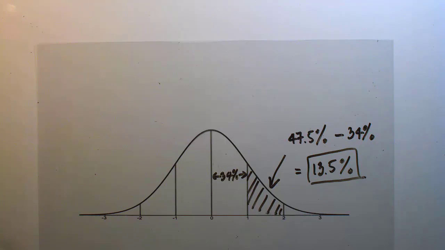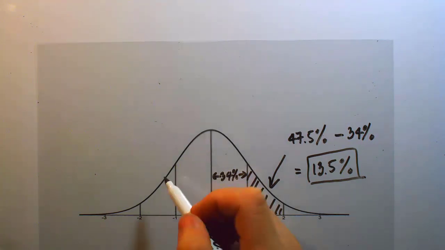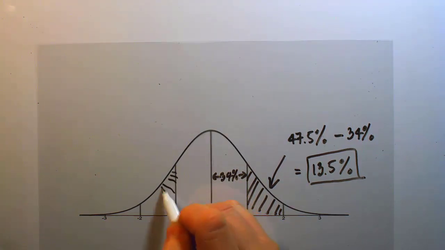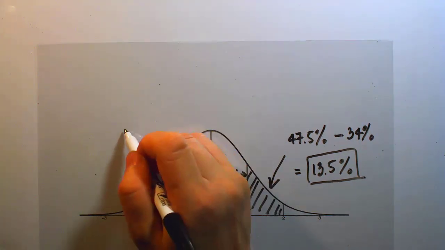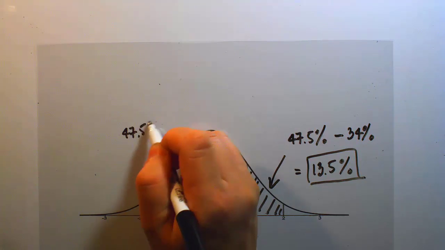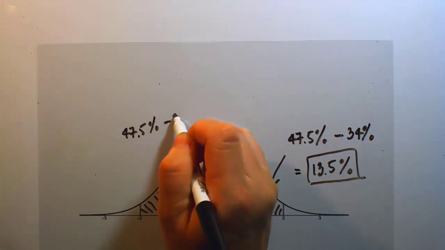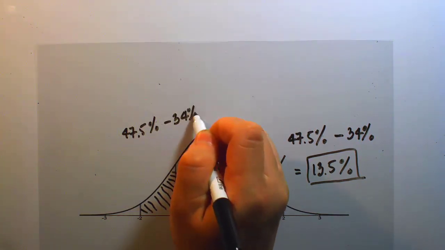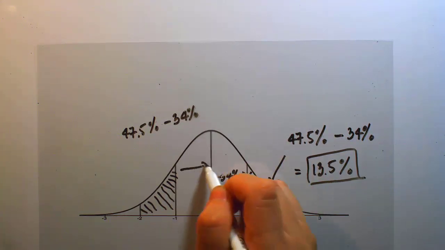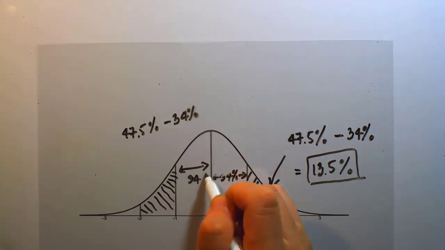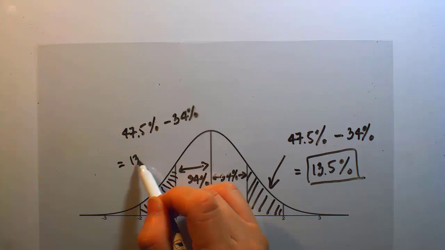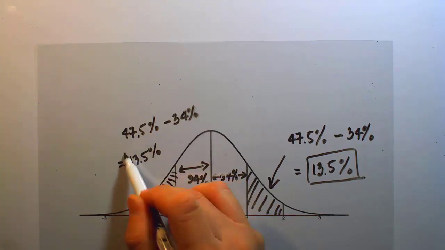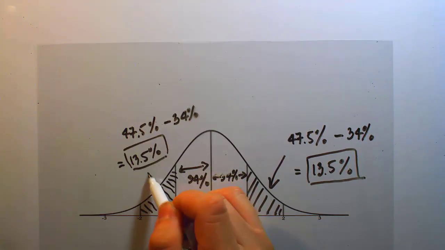And so here, back on my writing board, this other area. Similar math, we go 47.5, subtract away 34%, because there's another 34% here. And so now clearly enough this area is 13.5 on that area.